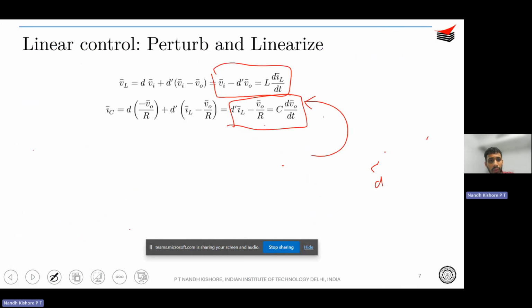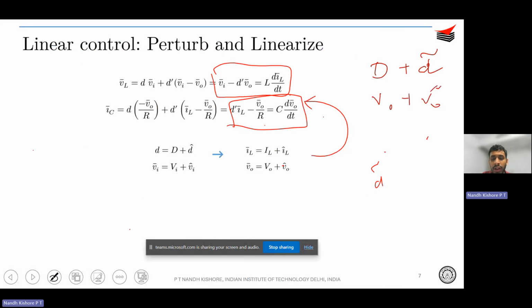So what we said was, if I have a steady state operating point D, I can linearize the converter in its vicinity. Then if I have a perturbation from D, what is my V naught?